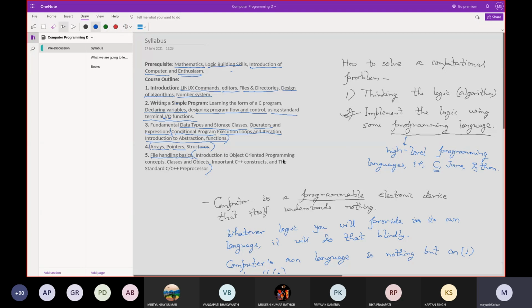another programming language, C++. Some of you are unmuted, mute yourself. We'll have to look into another programming language, C++, which has been built upon C as an extension of C with object-oriented features added to it.